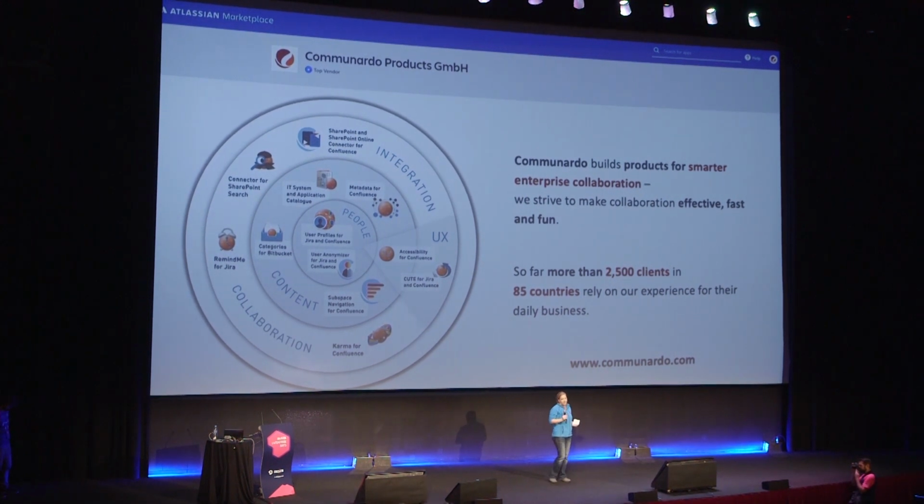Because I have such a little time, I just chose two of our products. The first one is the metadata app. I just want to tell you some facts. The metadata app for Confluence is one of our latest products. Do you often look for specific information in your Confluence?